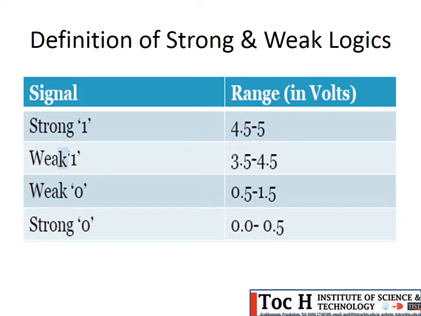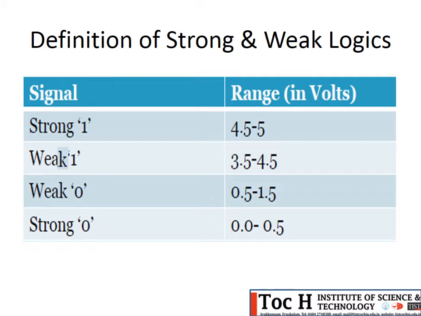Next, before moving on to the next working of N switch, we should learn the definition for strong and weak logics. You can see here, strong one is defined as a voltage range between 4.5 to 5 volt, and weak one is defined as a voltage between 3.5 to 4.5 volt.